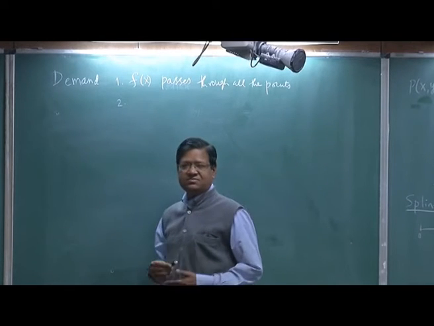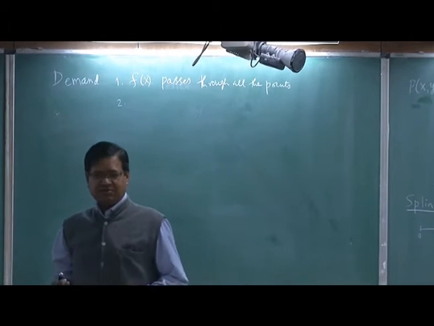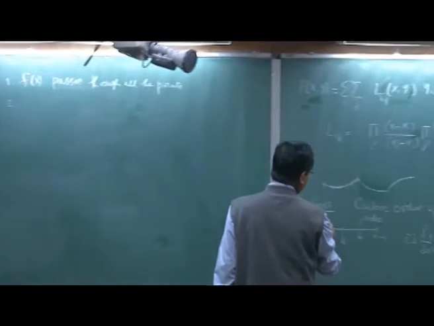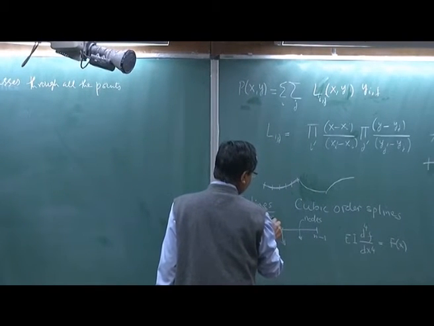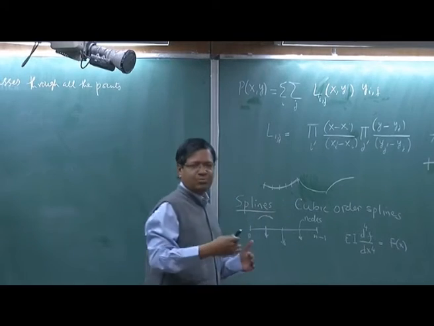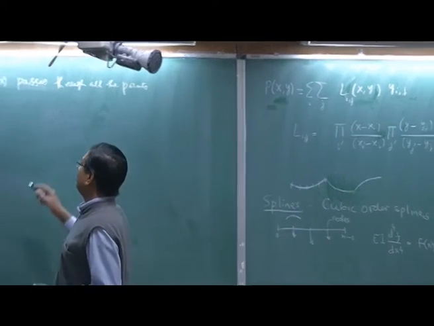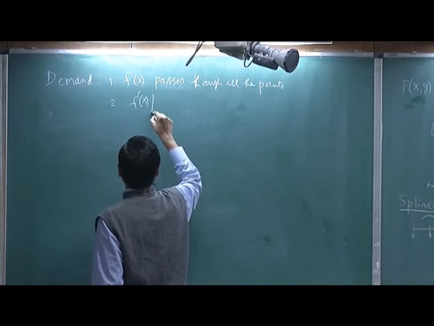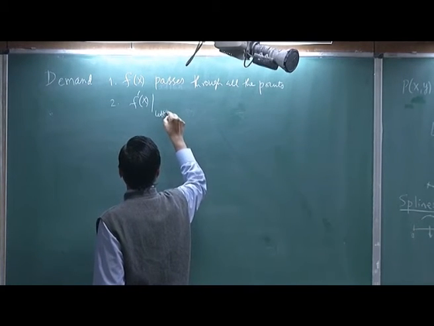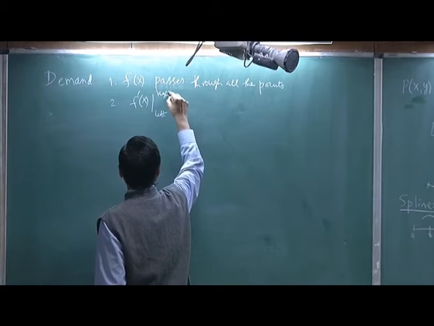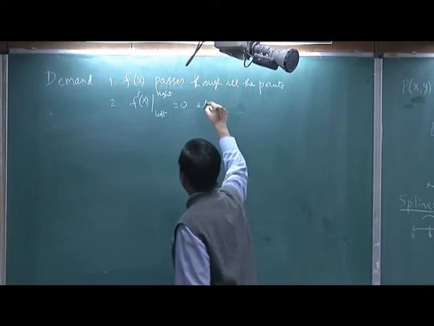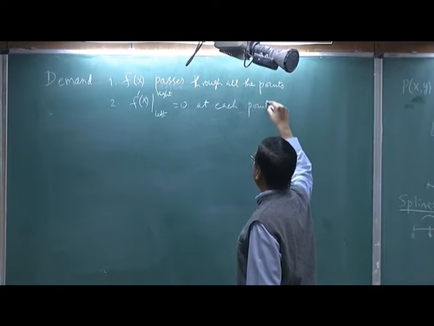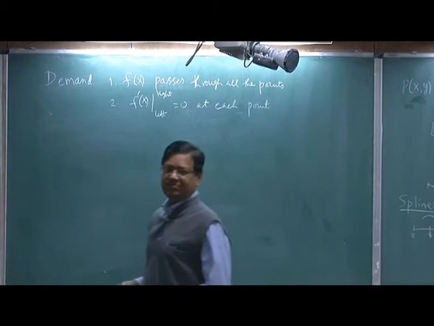Then the derivative is continuous across. So at each point I have the derivatives, and the derivative also is continuous, so the slopes are equal from both the sides. So f prime of x left and right are equal; it's a differentiable function.